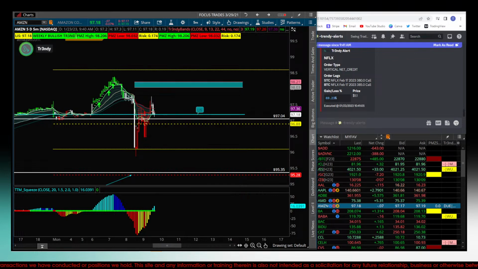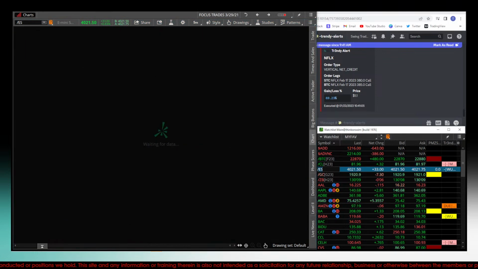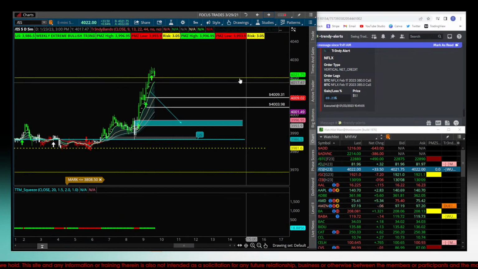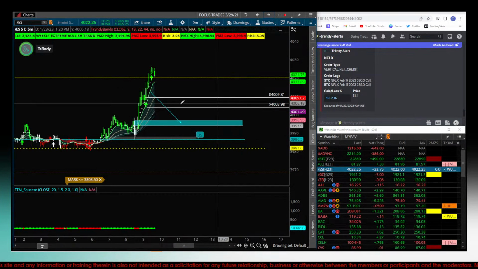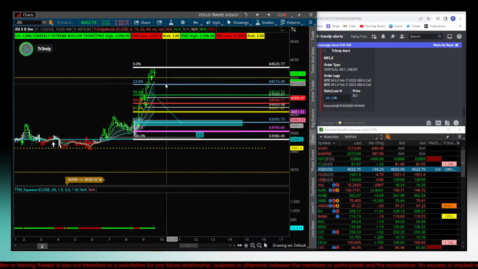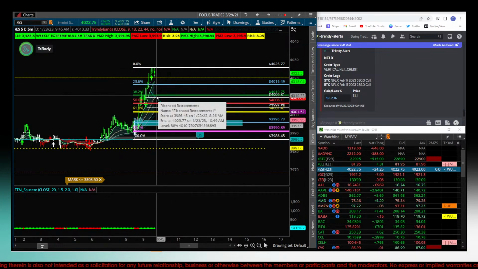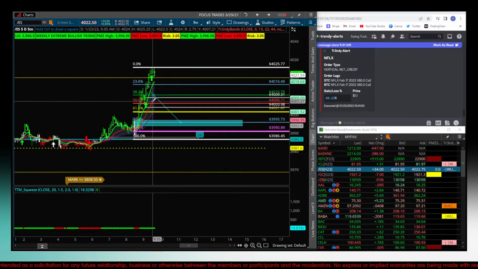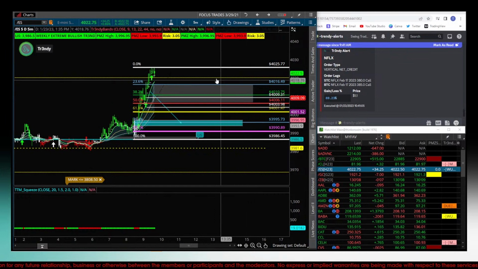Again, we're just using the ES blueprint as a guide. And I'd like to see, I'd like to cover down at 4016 to 4010, somewhere in here. So it'd be like this.